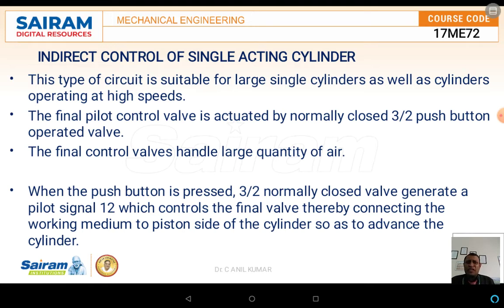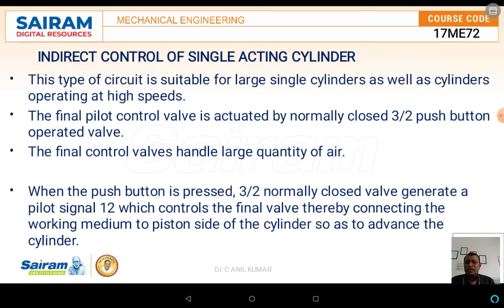When the push button is pressed, the 3x2 valve normally generates a pilot signal, which is 1 2, which controls the final valve, thereby connecting the working medium to the piston side of the cylinder so as to advance the cylinder.